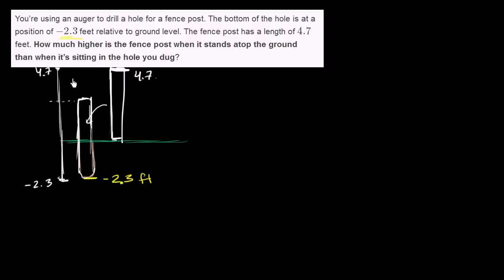So it's pretty clear that this distance right over here is going to be 2.3 feet. It's going to go 2.3 feet lower when you stick it into the hole. So how much higher is the fence post when it stands atop the ground than when it's sitting in the hole you dug? It's 2.3 feet higher when it stands atop the ground.